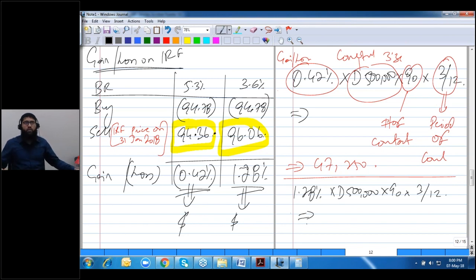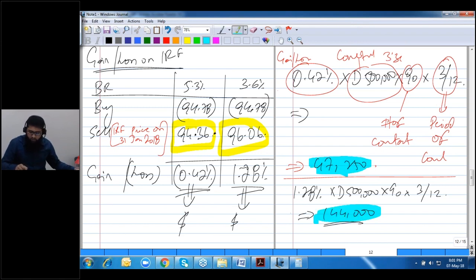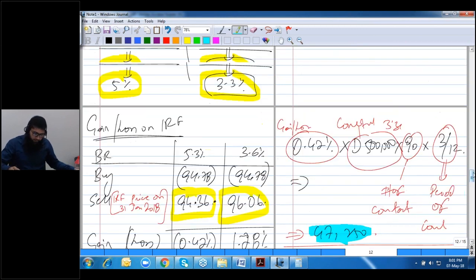How much is it going to be? 144,000. Okay, so do you people get how we calculate this gain or loss? Okay, perfect. Now let's move forward.